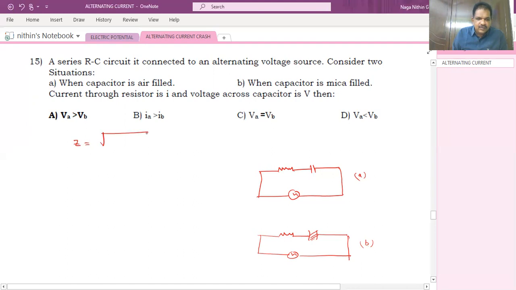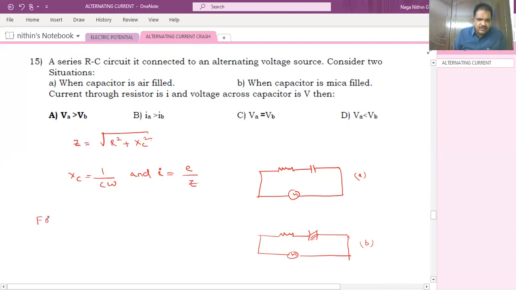Z is equal to square root of R square plus XC square. XC value will be how much? 1 by C omega. Okay. And I value will be how much? This is E by Z.